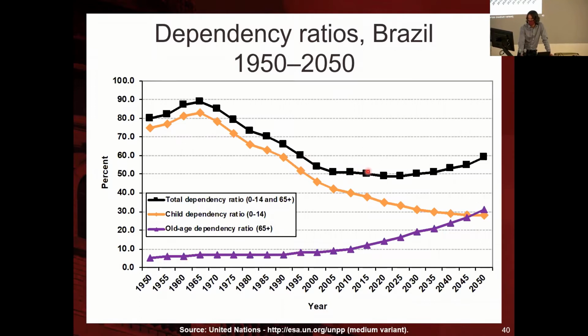And then you get this moment here that the total dependency ratio kind of stays flat because the child dependency ratio is decreasing, but the old age dependency ratio is increasing. So one kind of neutralizes the other one. And then in the future decades, we expect that the total dependency ratio will increase exactly because we're going to have more people living to at least 65 years of age.